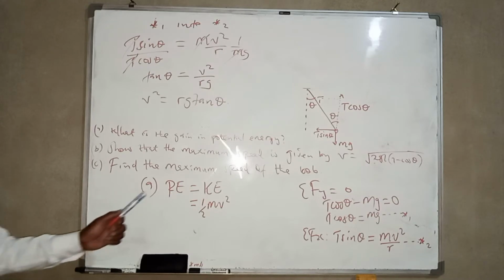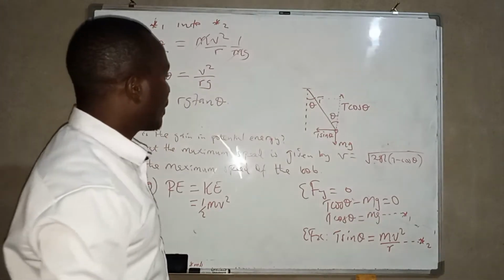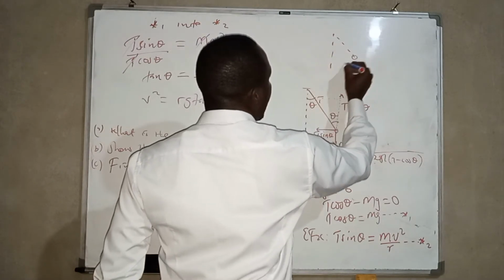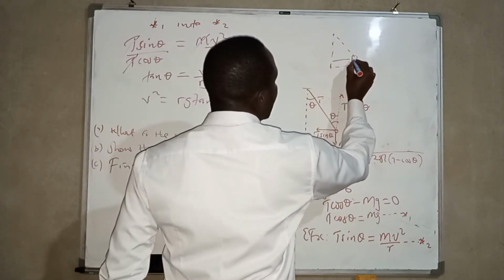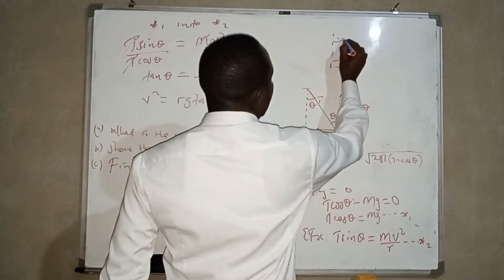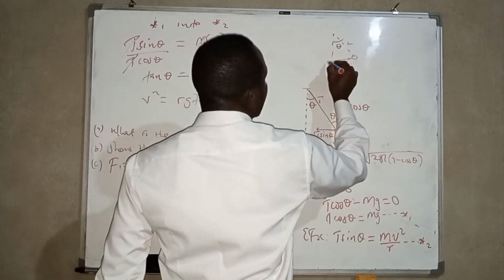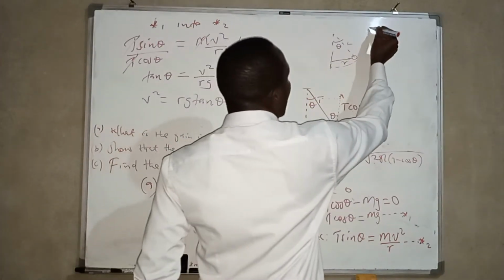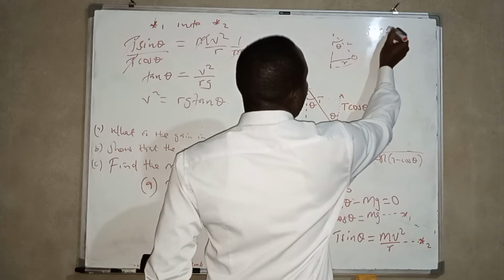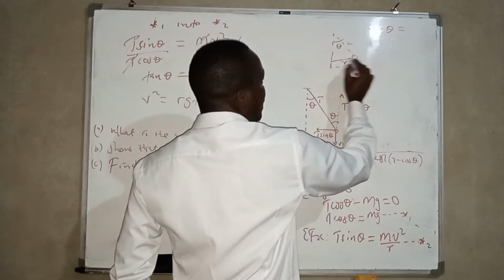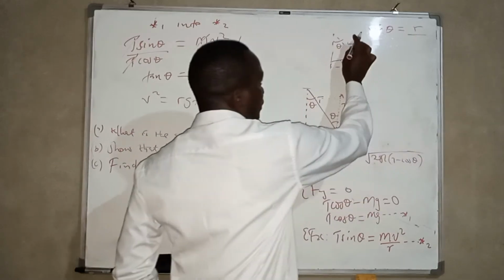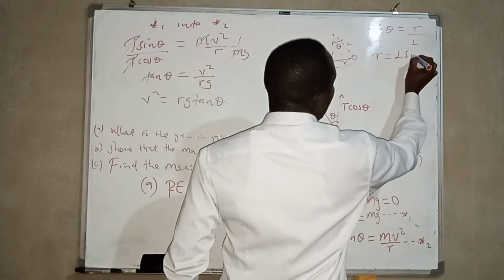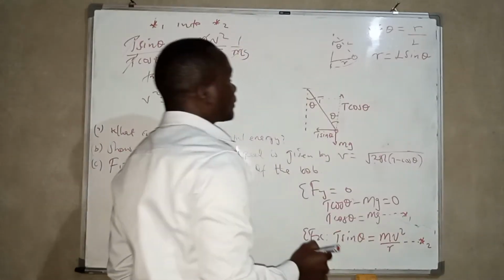But here we do not have the radius. As the bob is swinging in this direction, the radius will be this one. This is theta, and this is L. Using SOHCAHTOA, we know that sin theta is equal to the opposite side, r, over the hypotenuse, which is L. So r will be equal to L sin theta.